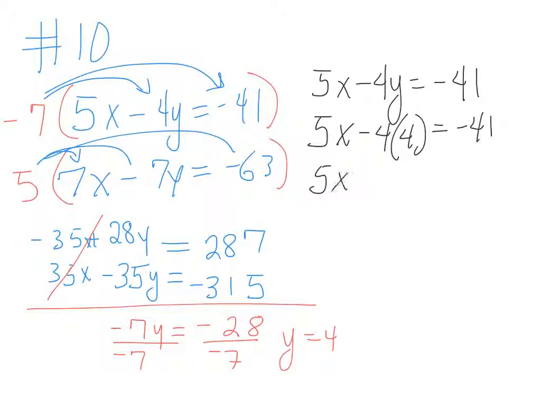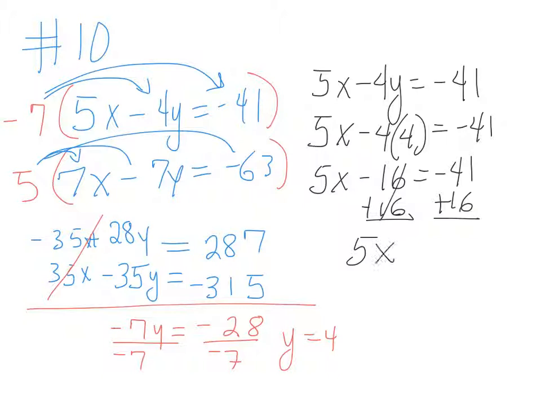So here you have 5x minus 16 equals negative 41. You add 16, the opposite of that. So 5x equals negative 25, negative because the 41 is negative, divided by 5, x equals negative 5.